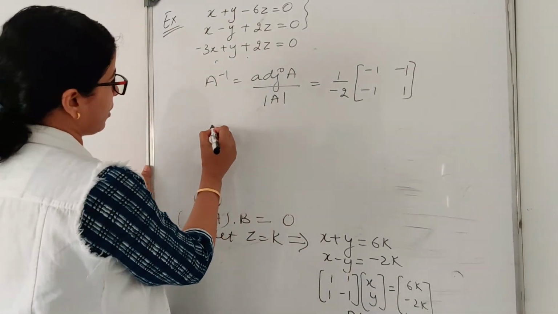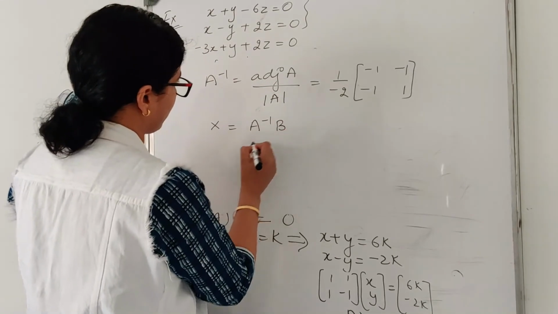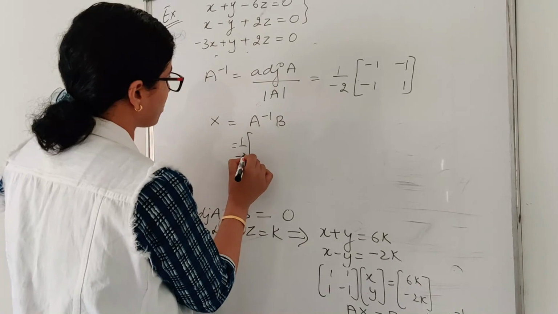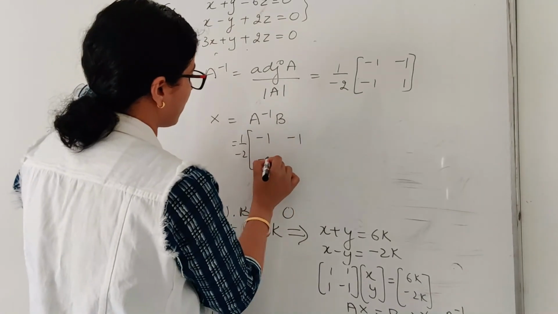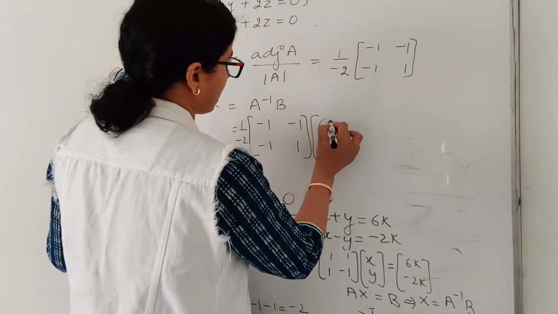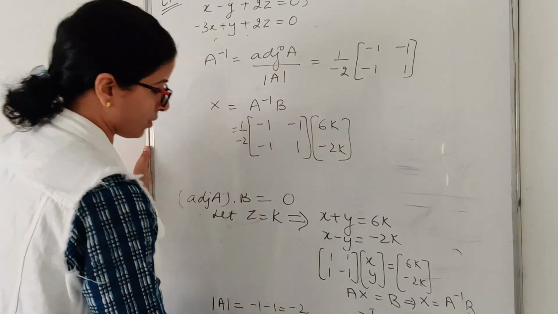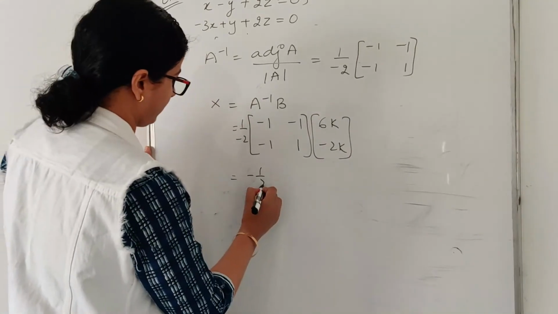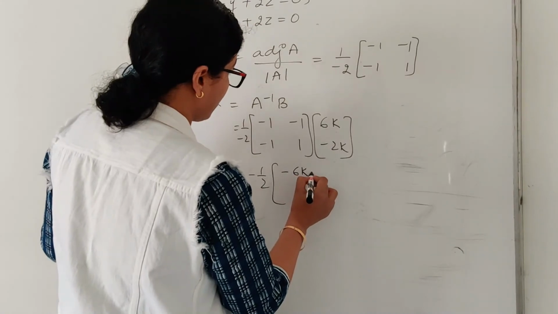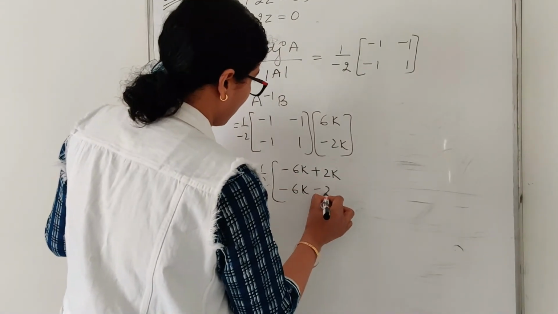Okay. Now x is equal to A inverse B. So my A inverse is 1 by minus 2 times [-1, -1; -1, 1] into what is my B? [6k; -2k], right? So we'll multiply and divide. So this is minus 6k plus 2k, minus 6k minus 2k.